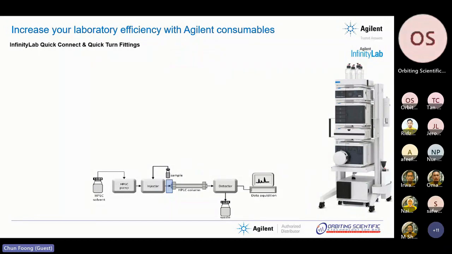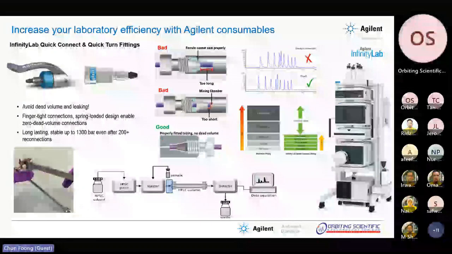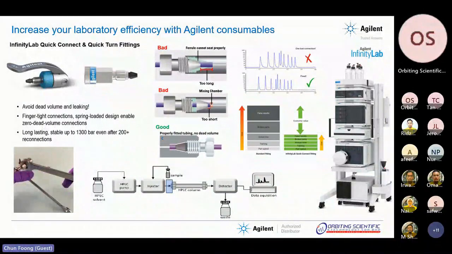The standard column installation is to use a wrench to lock the column, because this is a high pressure connection. But if we didn't lock it properly, leaking will happen. We are also scared that we may over tighten it.